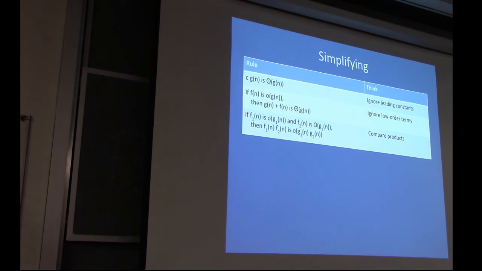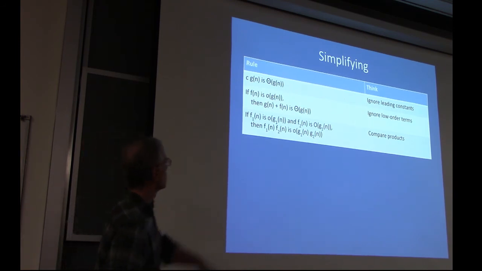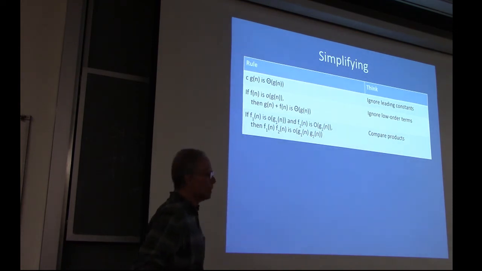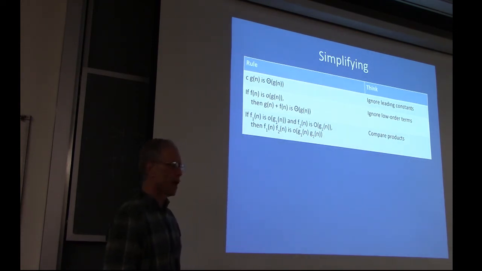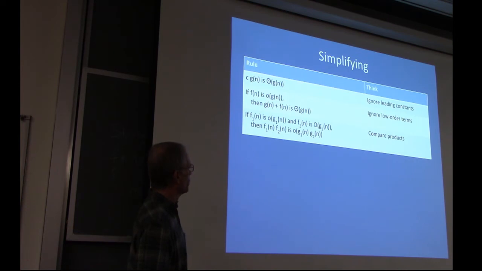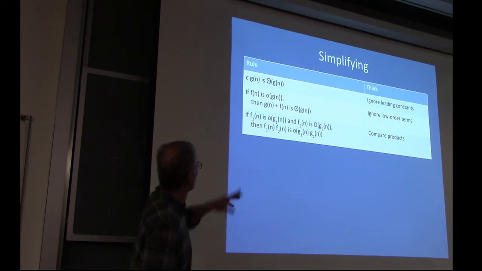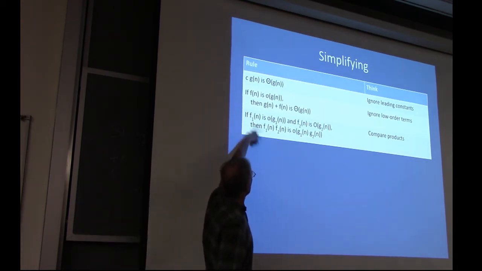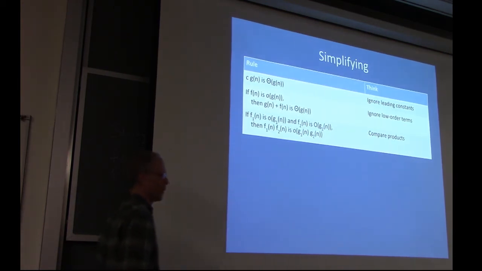So to simplify a big expression, you ignore leading constants. You get rid of leading constants. Throw away dominated terms. So you've got a sum, you throw away the low order terms. And this is a rule that you have to use in situations where they otherwise don't work.